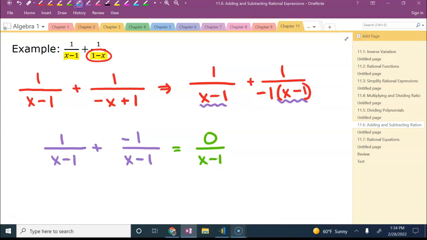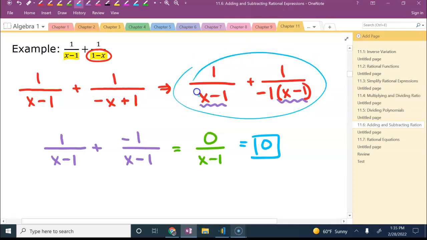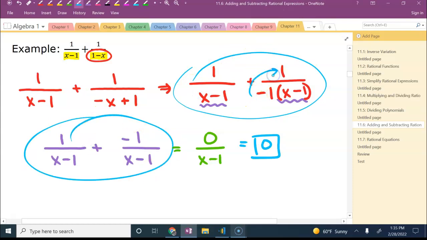Well, 0 divided by anything is going to be 0. So in this case, it all just went away. That won't always happen. Sometimes you'll be able to combine the terms that are on the top, but all I did from up here to here is transfer that negative up to the top, so that I could see that I had those opposite signs, so that when I added them, they canceled out and became a 0.